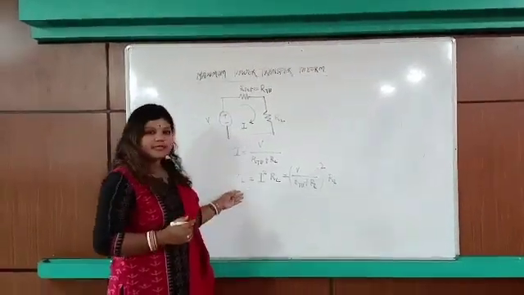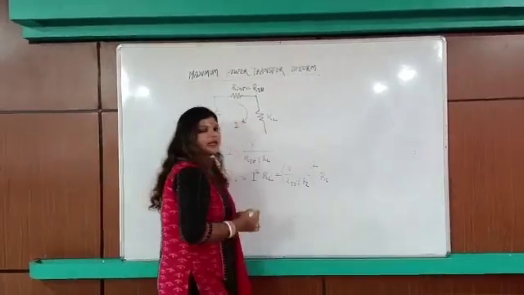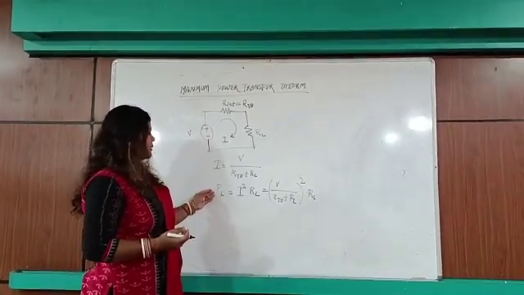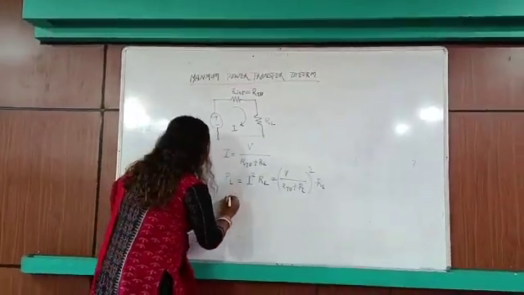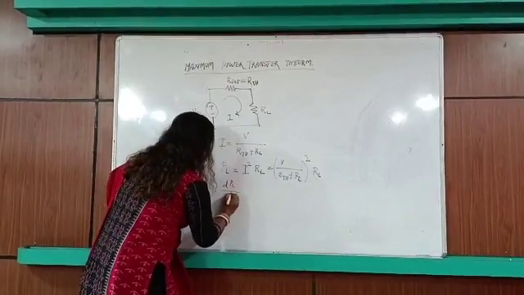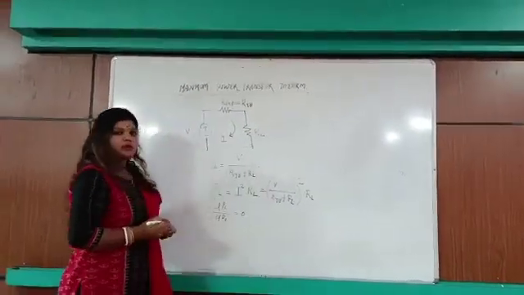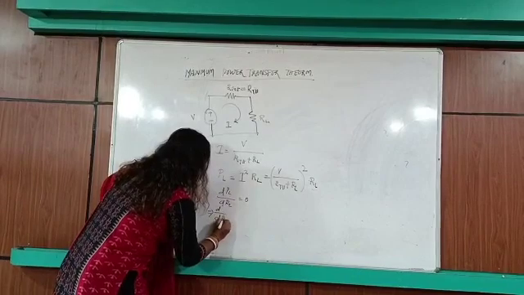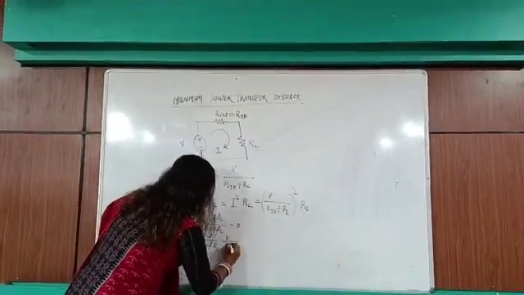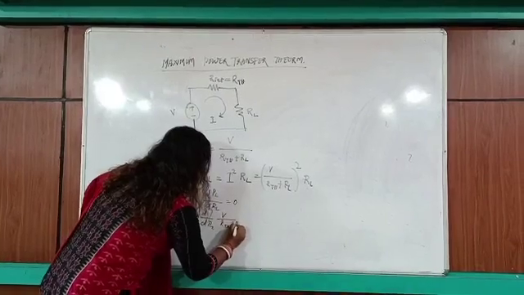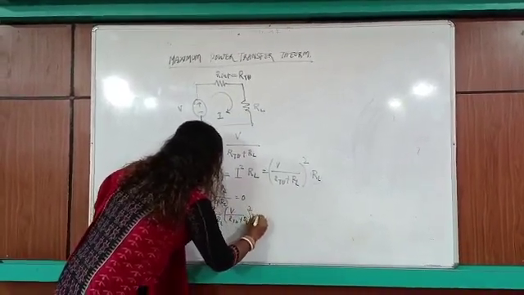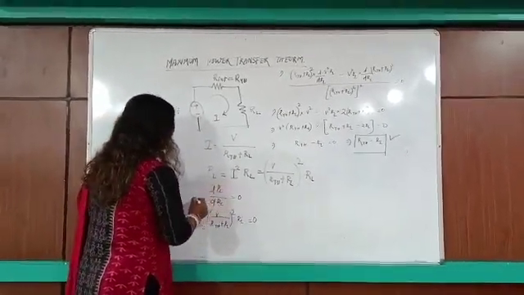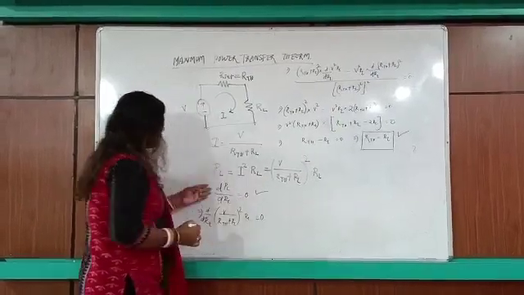This power can be maximized by varying RL. Hence, the power delivered is maximum when dPL by dRL equals 0.